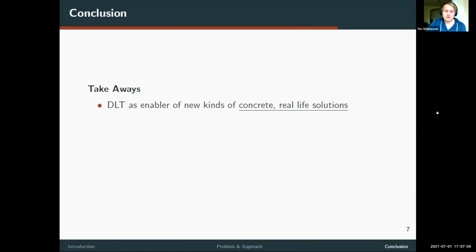What we figured out in the end is that DLT, on the one hand, can improve existing tools, like digital finance tools, but it also can really create new kinds of solutions for problems we have.